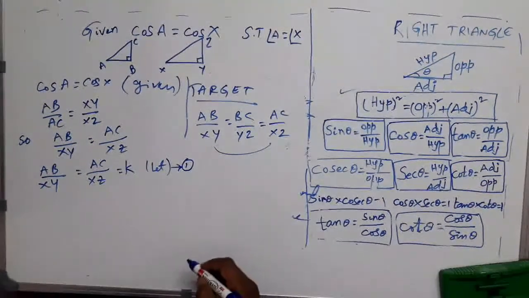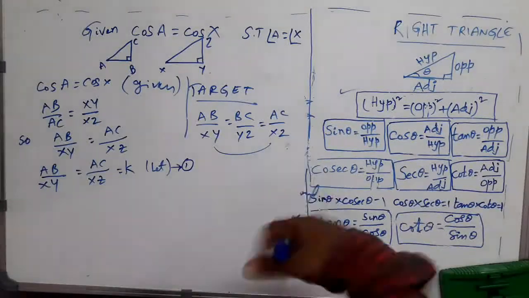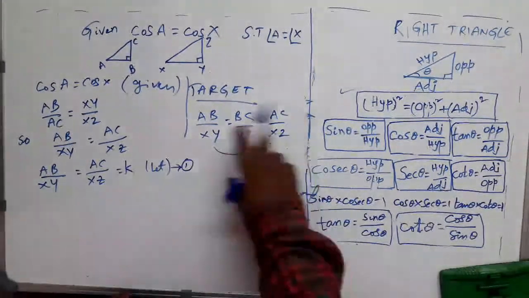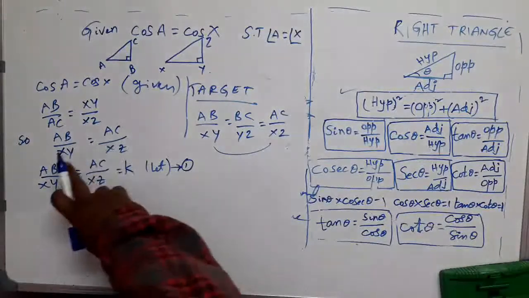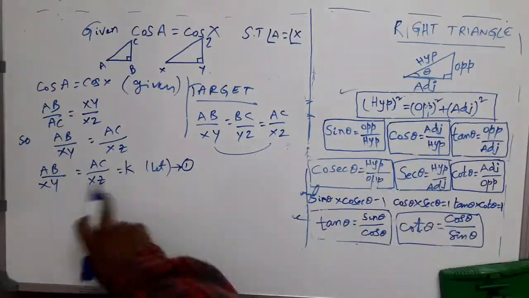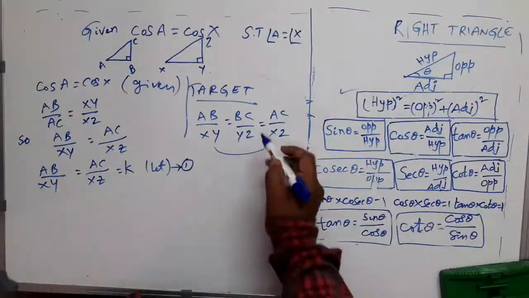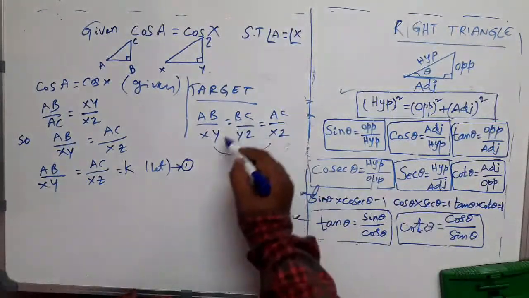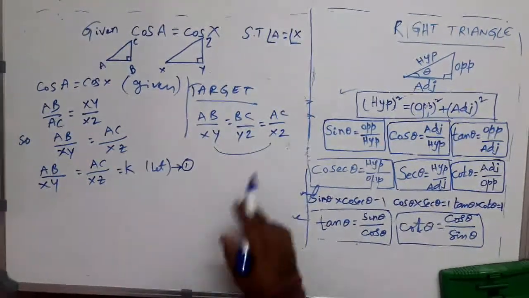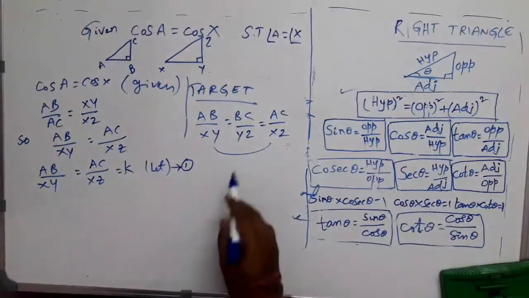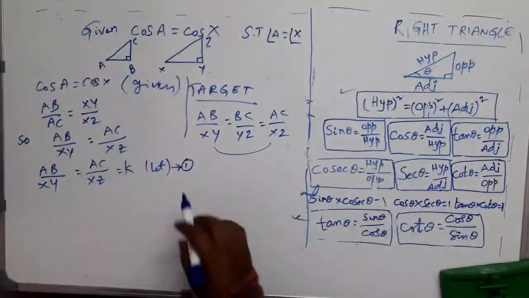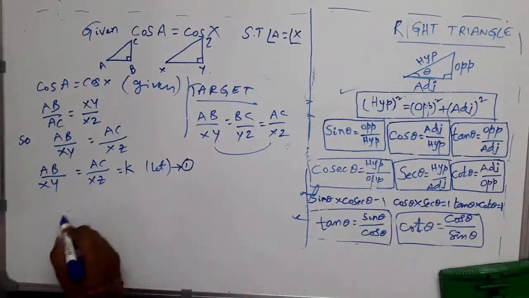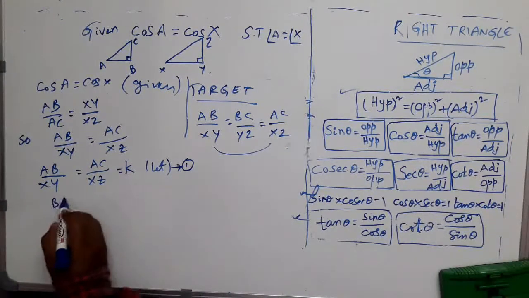Now I am thinking like this: I have already got this relation. I will involve the sides BC and YZ also. For that, I am considering this one: BC by YZ.